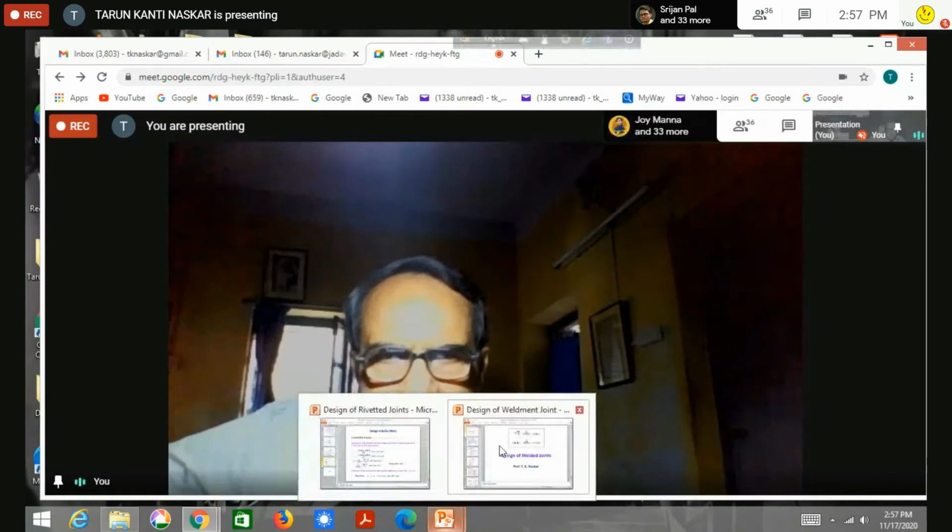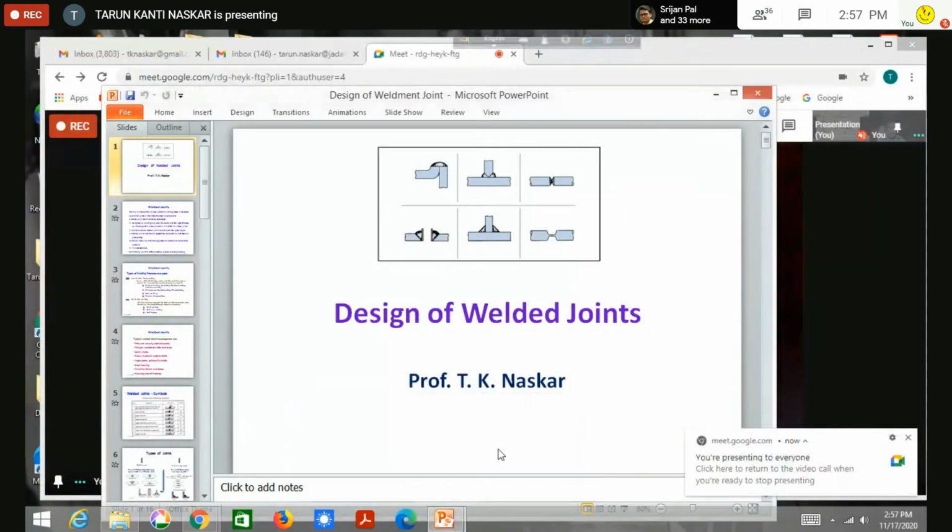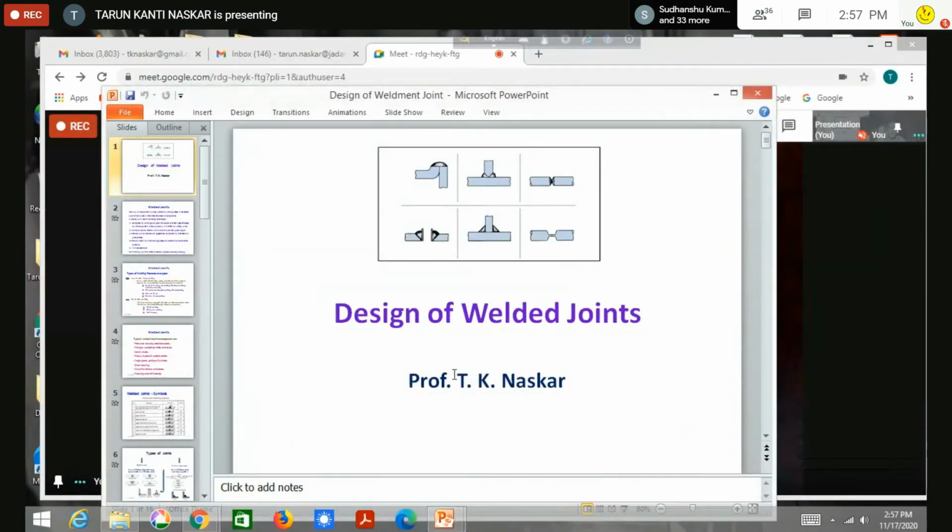Now we'll start the next design. So design of riveted joint is okay, and I tell you one point. I have shown you the design of threaded joint for eccentric loading.